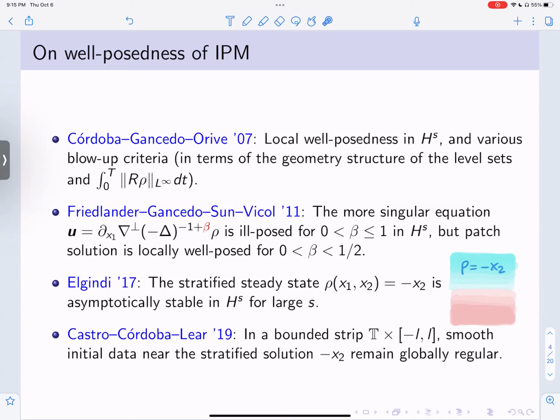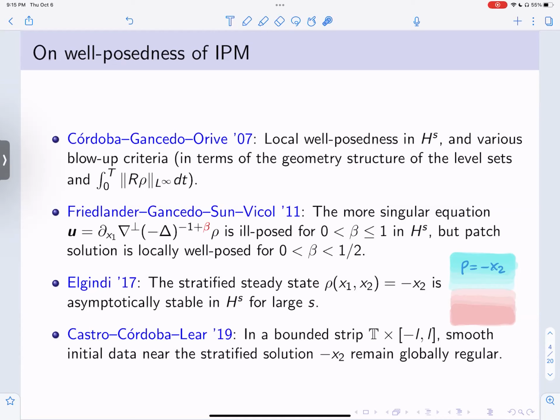And Friedlander, Gancedo, Sun, and Vicol showed that this more singular equation is actually ill-posed as soon as beta is bigger than 0. This is a sharp contrast with the SQG equation, because for SQG we are taking half of the inverse Laplacian and then the grad perp. One can also tweak the Biot-Savart law there to make it more singular, taking the inverse Laplacian power to be less than 1/2.